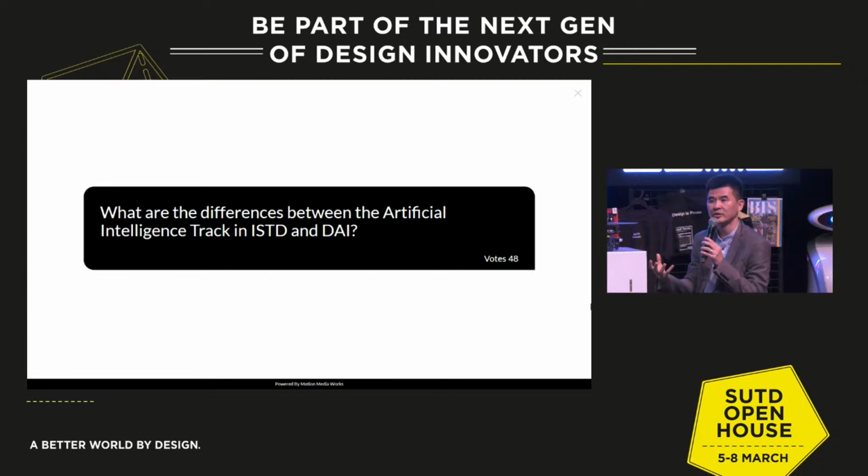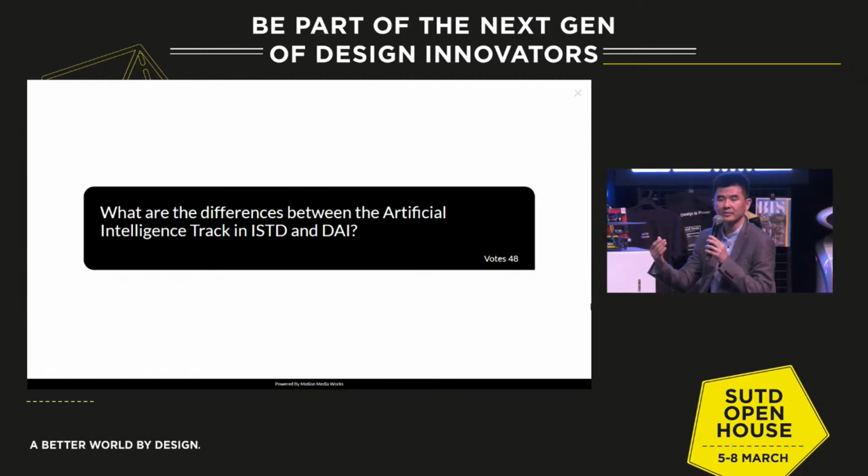If you are more interested in the computing aspects and trying to understand the algorithms of AI, go for ISTD. But if you're more interested in using it as a toolbox, as a tool to apply across different industries as a designer, then I think DAI will be the place for you. So this is mainly the difference.